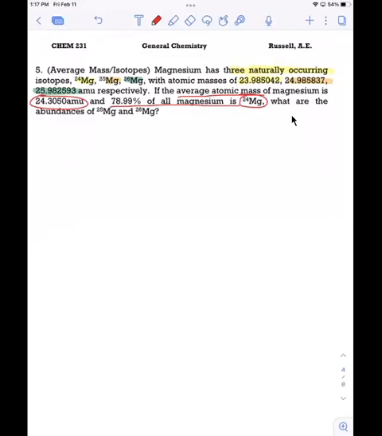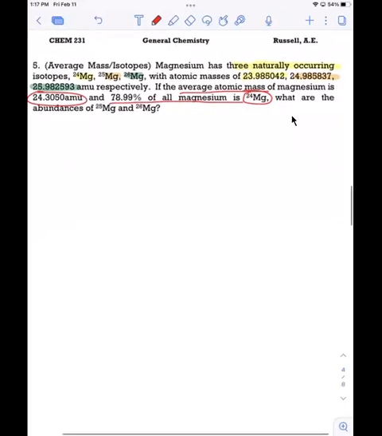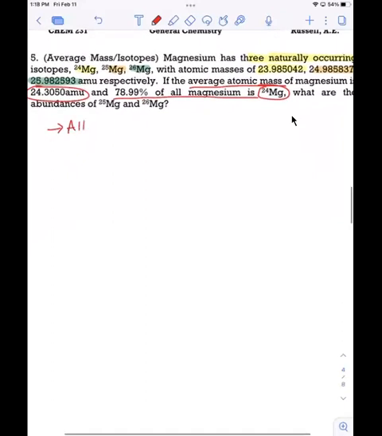Now let's think about what this problem has already given us. We have all three isotope masses.